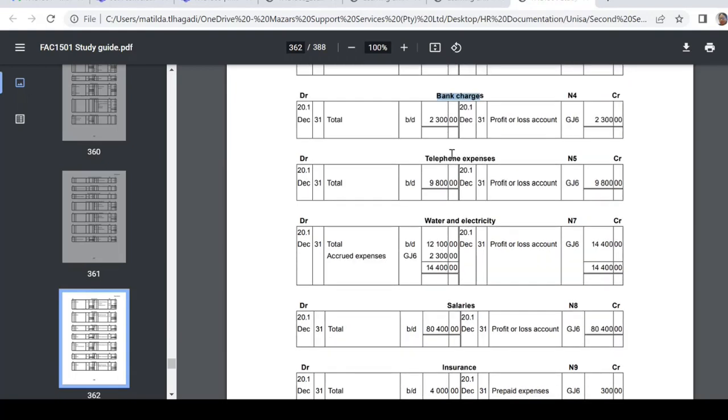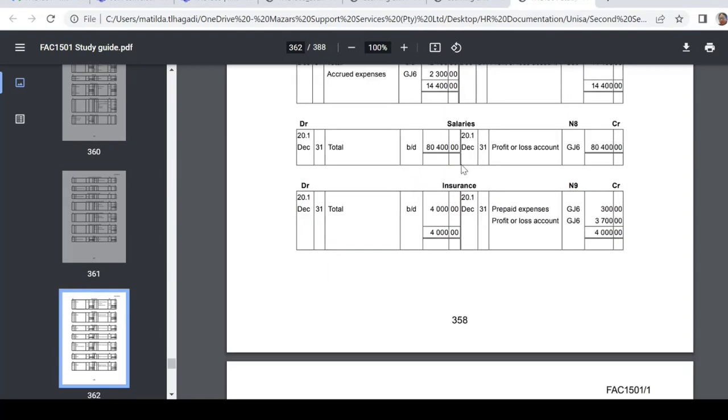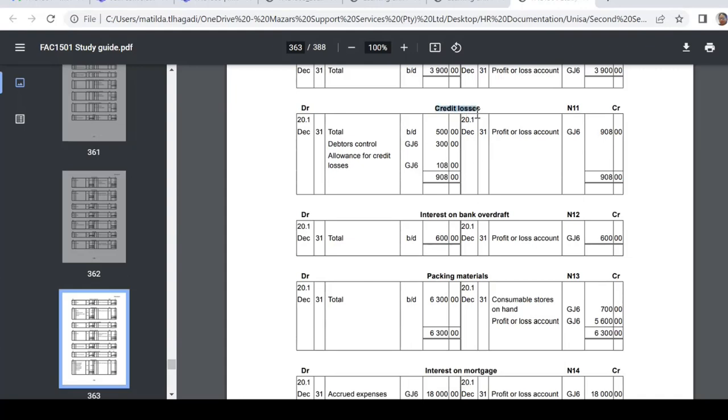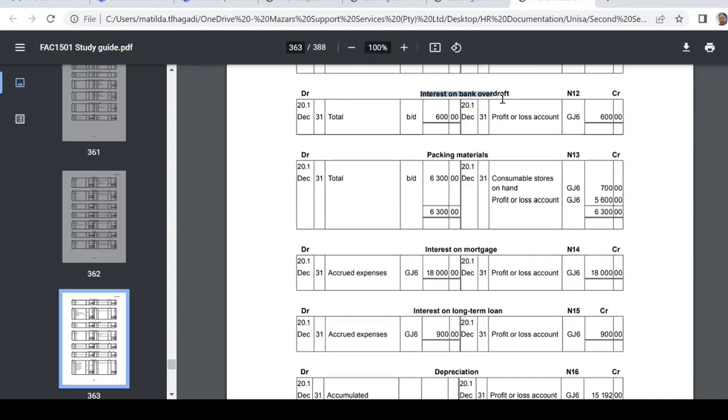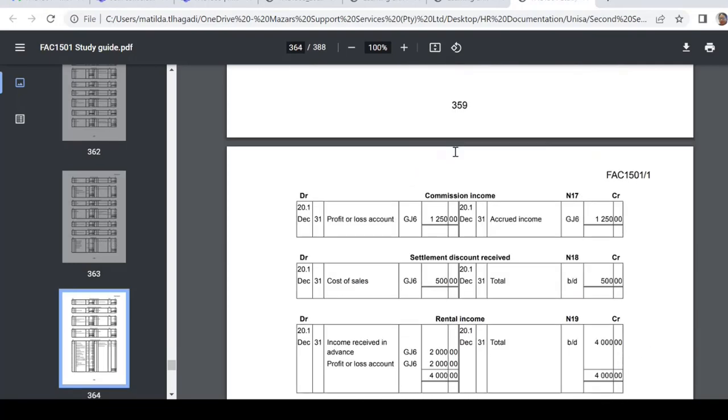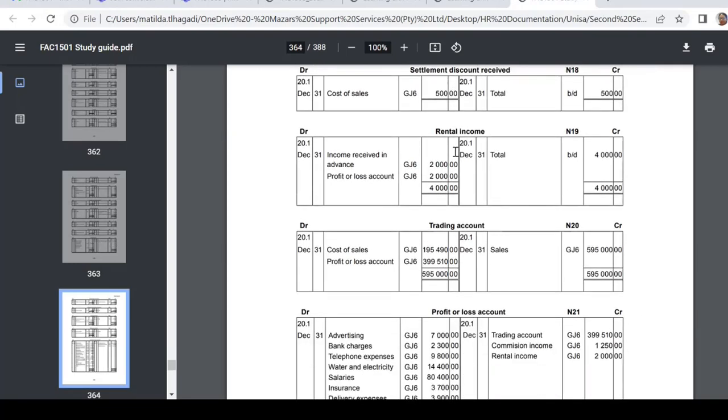Zero, we closed it off. Zero for telephone expenses, water, electricity, zero. Everything's closed, salaries zero. They have all been closed off to the profit and loss account. So all the expenses are moved there.